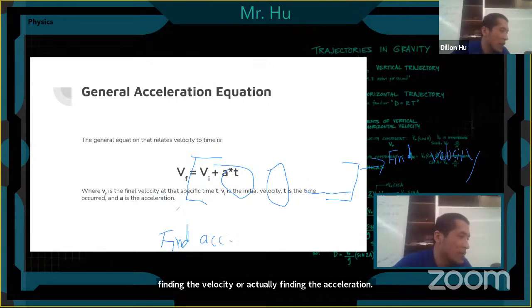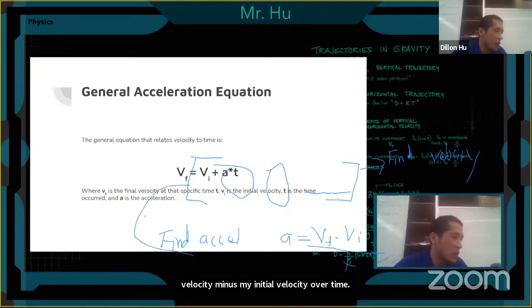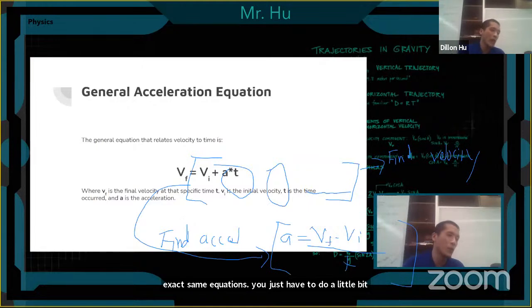If I rearrange this a little bit, what I get is that my acceleration is going to equal my final velocity minus my initial velocity over time. So this is the exact same equation as this. These are the exact same equations. You just have to do a little bit of algebra to rearrange them, but you get this equation as well.